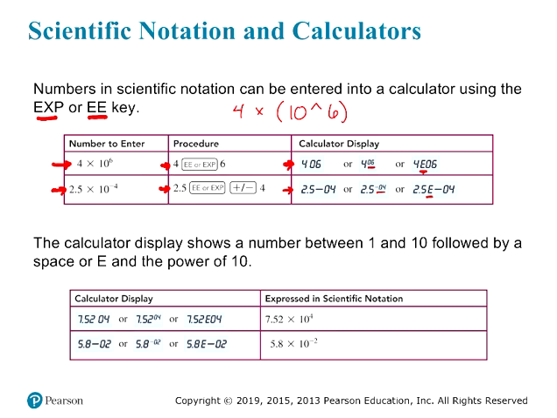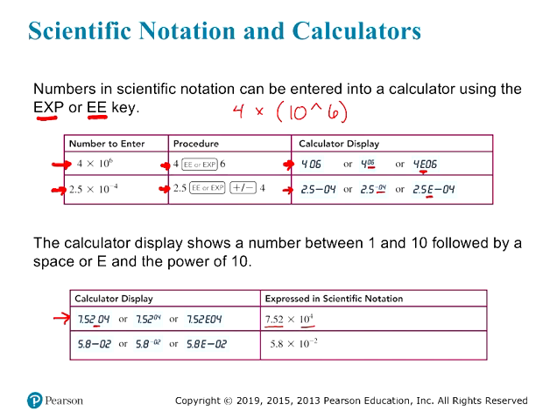All right, now down below is just another table showing a similar setup. So if your calculator gives you a value and you need to write it in scientific notation, let's say you've done a long calculation, again, make sure you understand how your calculator is expressing scientific notation. So for instance, if you have 7.52 and then a space 04, that tells you that your coefficient is 7.52 and then your power of 10 is 4.